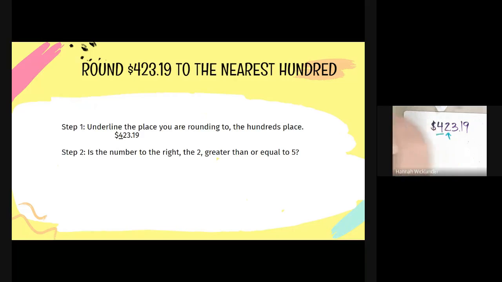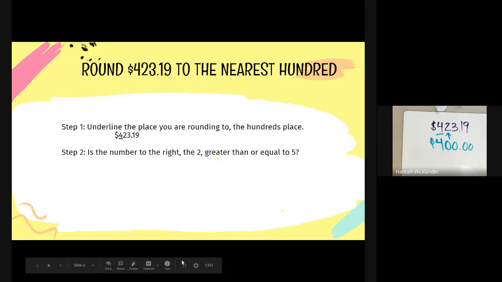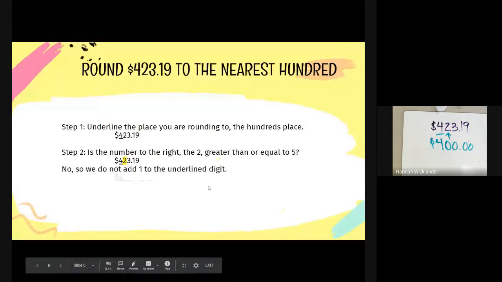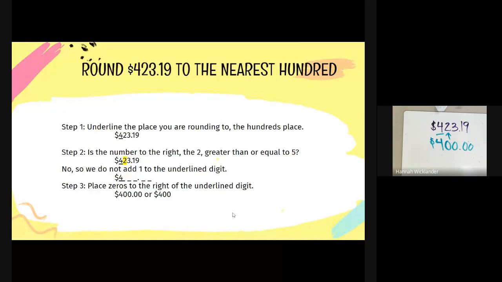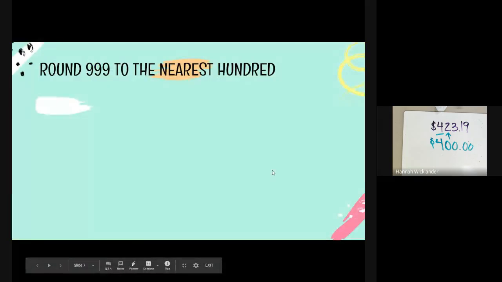No. So then my 4 stays the same, and everything after my underlined number becomes a 0. So that's how I got 400. And you can add the .00 or you can just write 400. They're both the same and correct.